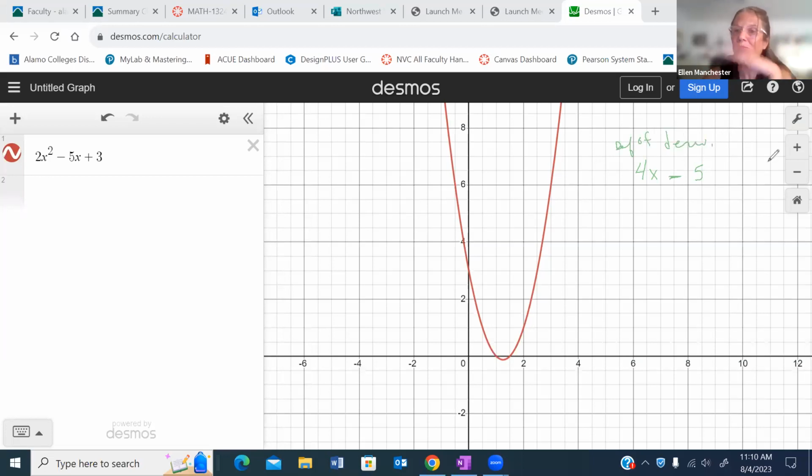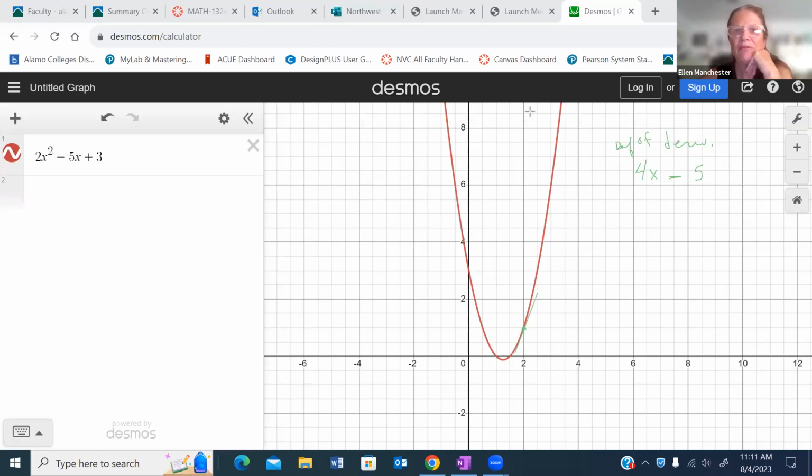So remember, derivative means slope. So what this means is I can plug any value for x in here and I can tell you what the slope is. All right, so let's try x is 2. So I'm looking at the slope right at this point. Okay, I want to know what's the slope of that green line.